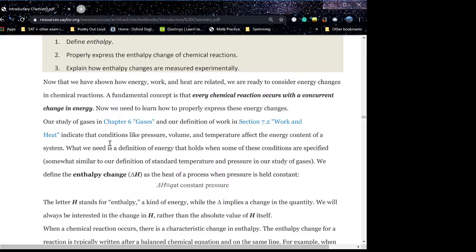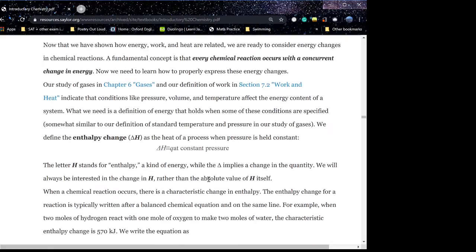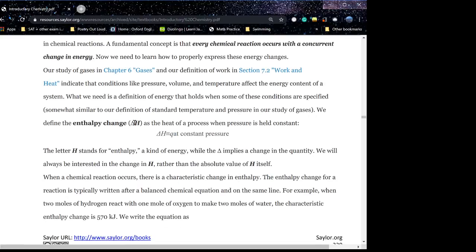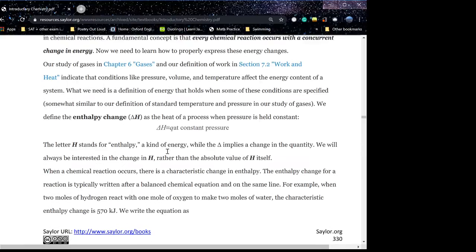Here we define the enthalpy change as the heat of a process when pressure is held constant. So delta H is equal to Q at constant pressure. This makes sense with what we already know. H stands for enthalpy and delta stands for change. So the change in enthalpy of a reaction is the change of heat between the reactants and the products.